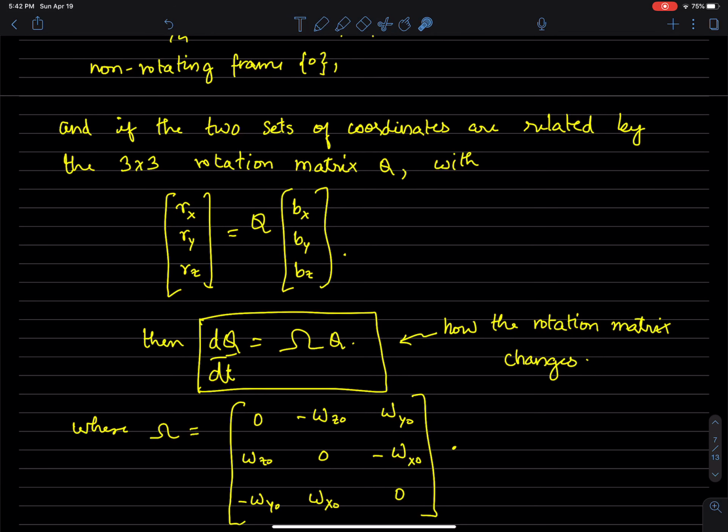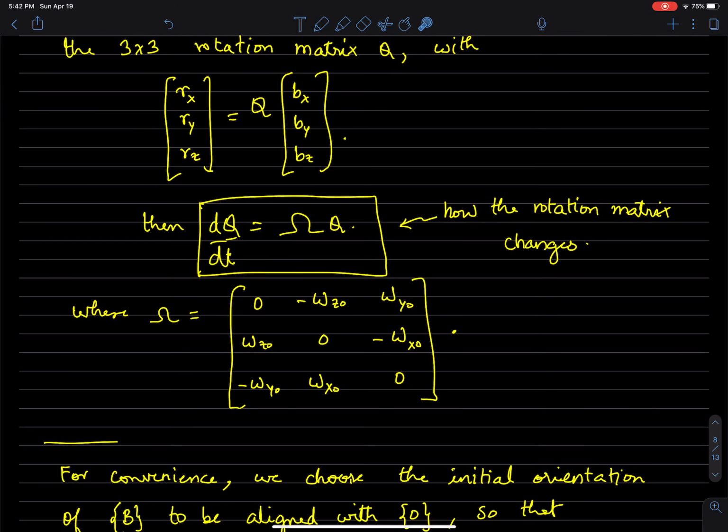If these two sets of coordinates are rotated by some rotation matrix Q, then this is the thing that we derived a few lectures ago. We showed that the rate of change of this rotation matrix Q is given by this matrix. This is an angular velocity skew matrix, and Q is again the rotation matrix, right?